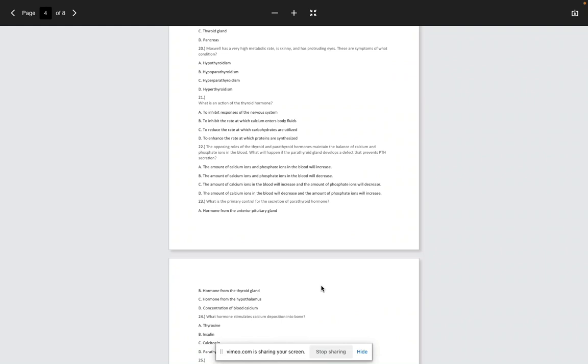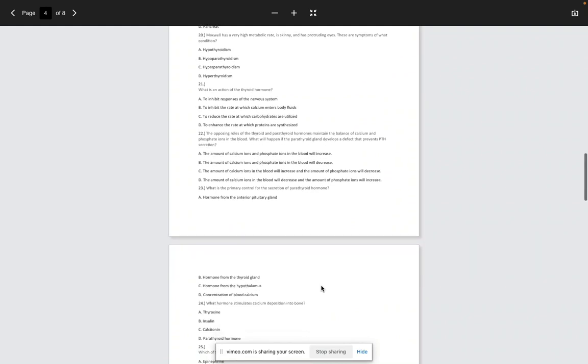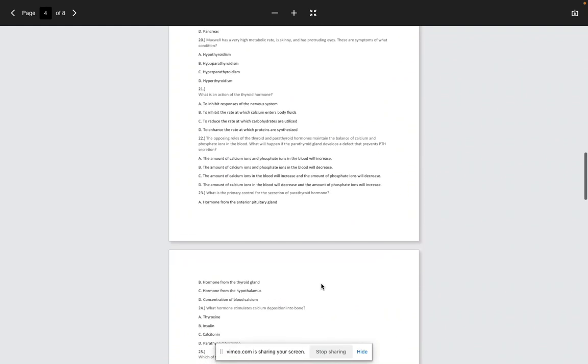What hormone stimulates calcium deposition into bone? So if parathyroid hormone's not working, the levels of calcium and phosphorus will both decrease. What hormone stimulates calcium deposition into bone?